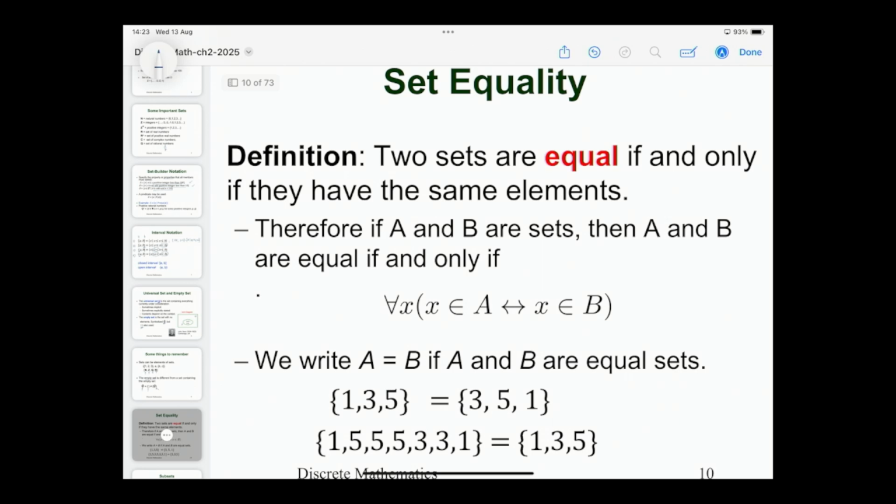Then when we have multiple sets, starting with 2 sets, they are equal if and only if they have the same elements.